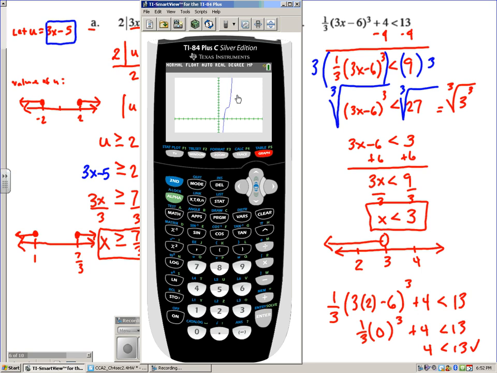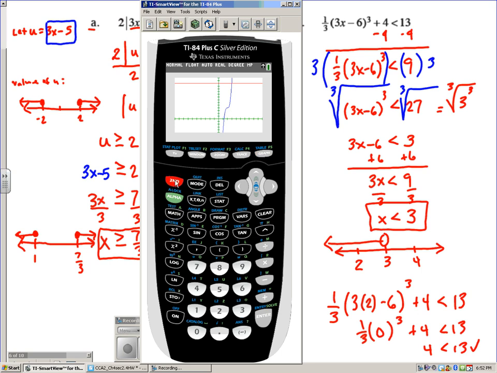There's our cubic function. And there's our line where y equals 13. That means everything below this line is where we are going to hold true, and this is going to go on and on forever, right? So it's going to the left. So our point right here should be 3.